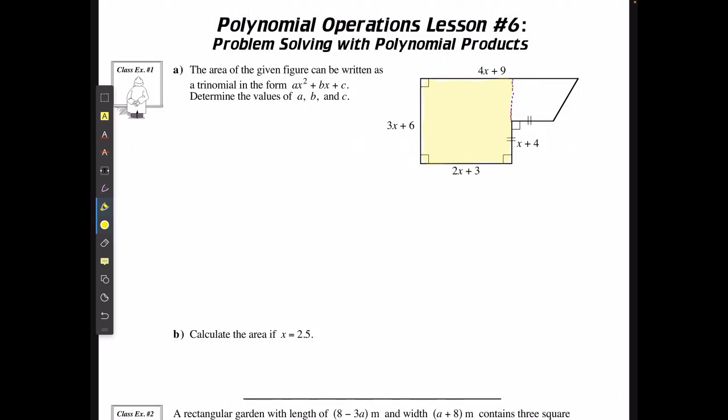Now for the other part, you can choose which method you want to do this. You can either leave it as a trapezoid, if you know what the area of a trapezoid is, or if you'd prefer, you can split up the trapezoid into a rectangle and a triangle. There isn't a wrong answer here.